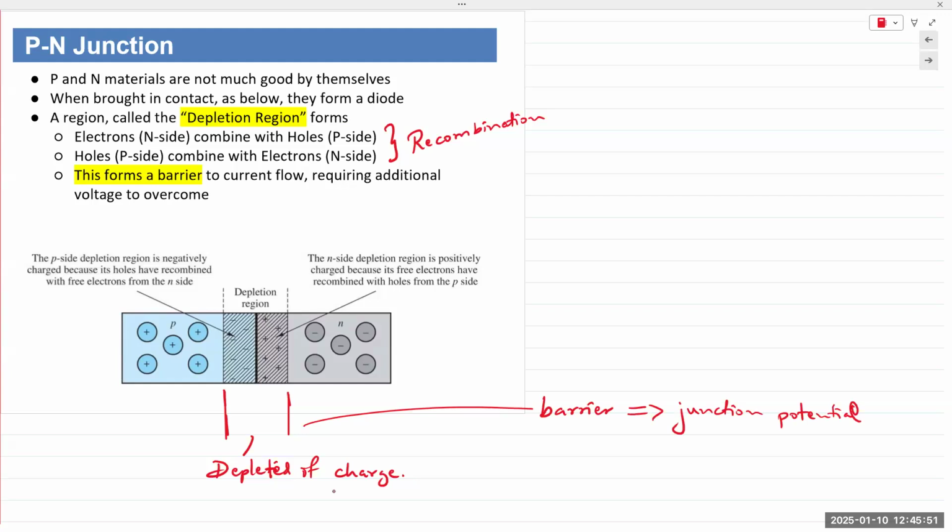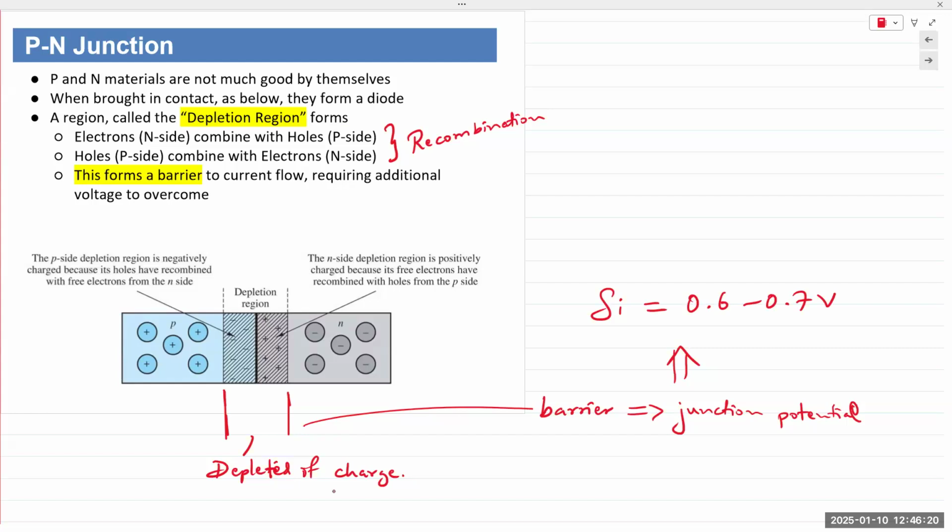For silicon, this voltage is typically taken as 0.6 to 0.7 volts. Depending on the textbook, depending on the author, some authors like to use 0.6 volts, some like to use 0.7 volts. So this is the amount of voltage that is required to be applied to a silicon PN junction before it even begins to conduct current.